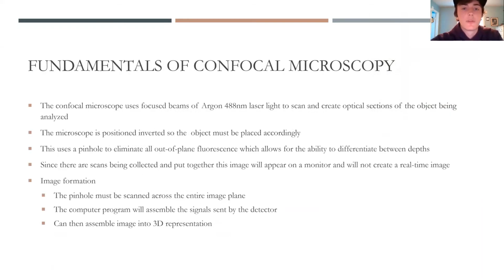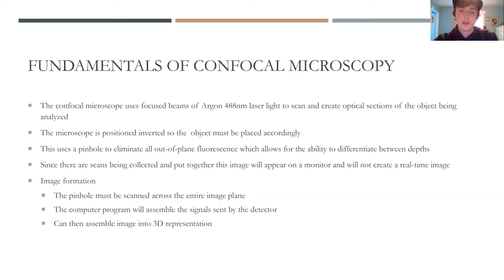The fundamentals of confocal microscopy are: the confocal microscope uses focused beams of laser light to scan and create optical sections of the object being analyzed. The specific laser used was the argon 488 nanometer laser. It is green. The microscope is also inverted, so the object must be placed accordingly.